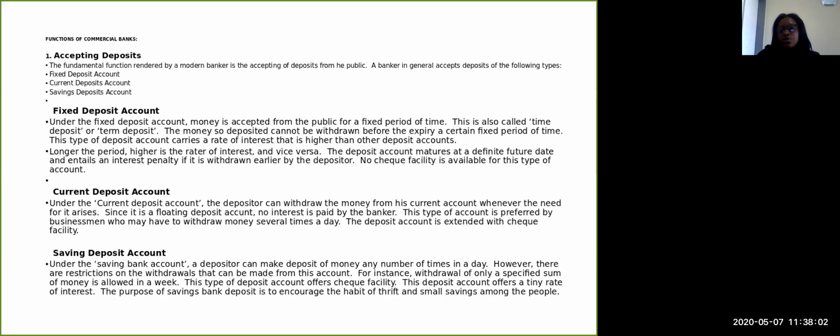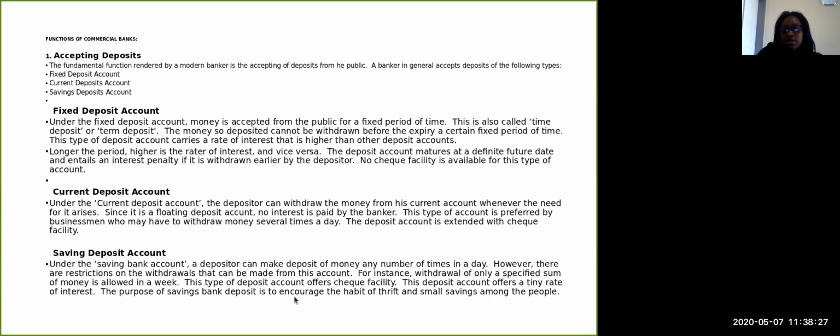For instance, withdrawal of only a specified sum of money is allowed in a week. The restriction may be that you can only withdraw maybe 500 in a week. So this is what it means when we talk about restrictions on withdrawals.